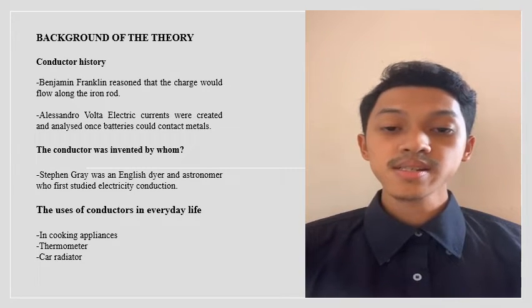Electric current was created and analyzed as batteries could contact metals. Next, Georg Simon Ohm also discovered the direct proportion of current to potential difference, which became a measure of metal conductivity.